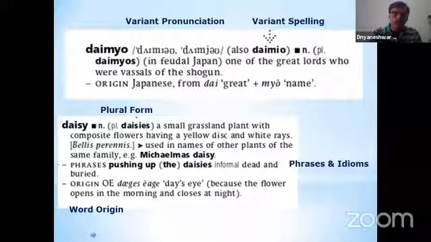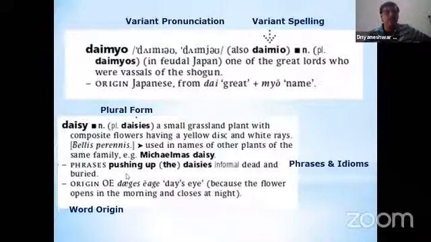The dictionary also provides us plural forms of nouns. So if you look at daisy, the plural of this particular word is daisies. So it is stated in brackets, and PL is a short form, an abbreviation which is used for plural form. Then it also provides information about phrases and idioms.